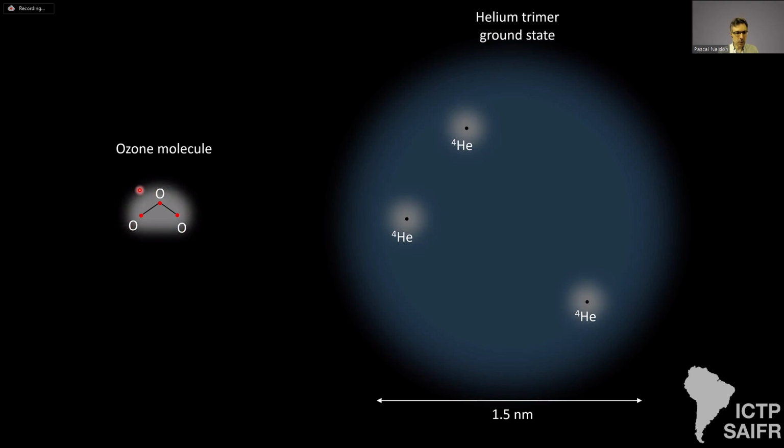And this is actually what holds the system together. But in the case of the helium trimer, the helium atoms are relatively well separated from each other. So they remain bound, but over much larger distances, as you can see.